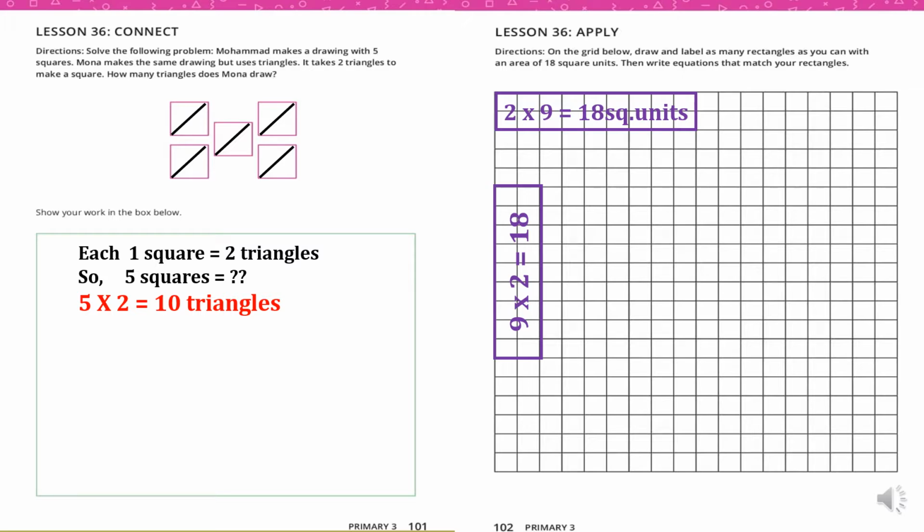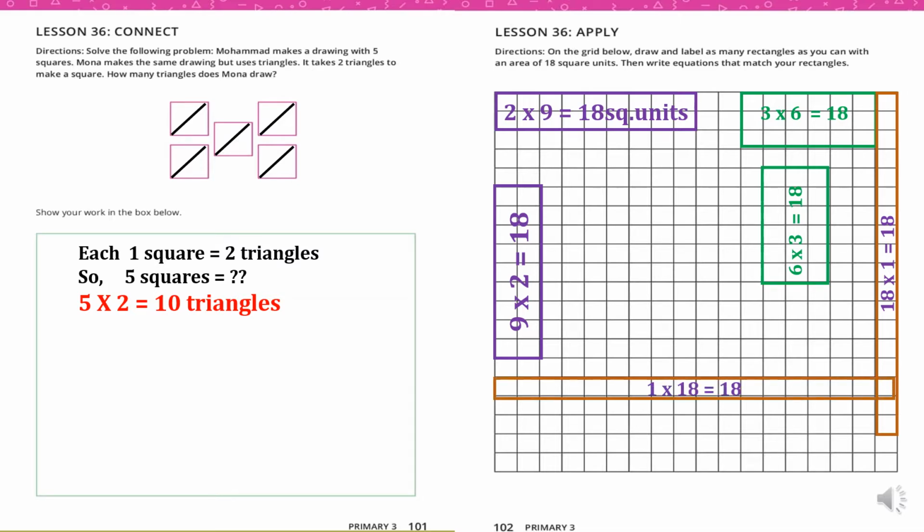What else? 3 times 6. 3 times 6 equals 18. And the commutative property for it, 6 times 3 equals 18 also. The last equations. 18 times 1 equals 18. And the commutative for it is 1 times 18 equals 18. 18 what? 18 square units.